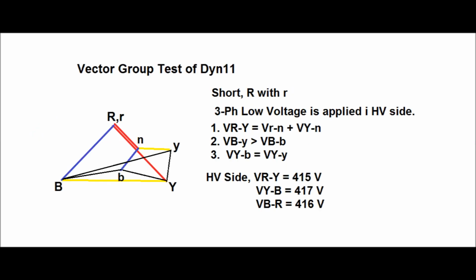Now how to test the vector group of a Dyn11 type transformer. To test the Dyn11 vector group of a transformer, we have to apply a 3-phase low voltage supply to the HV side winding, keeping the HV side red phase and LV side red phase shorted together, and the different voltages are measured by means of a multimeter.